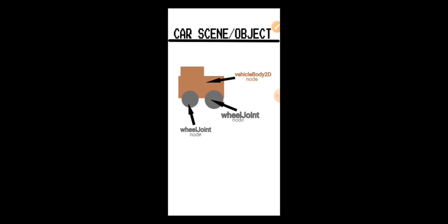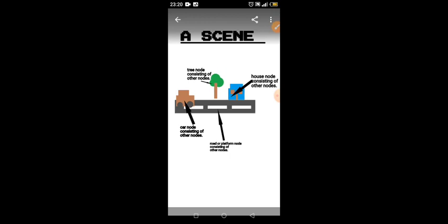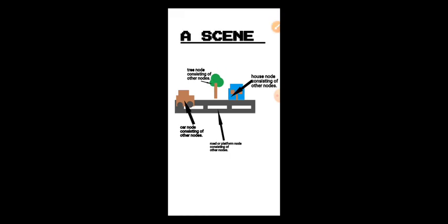And it is used in this scene. You see a car node consisting of other nodes and a tree node consisting of other nodes. I hope this illustration helps you understand how scenes work in Tap Engine.